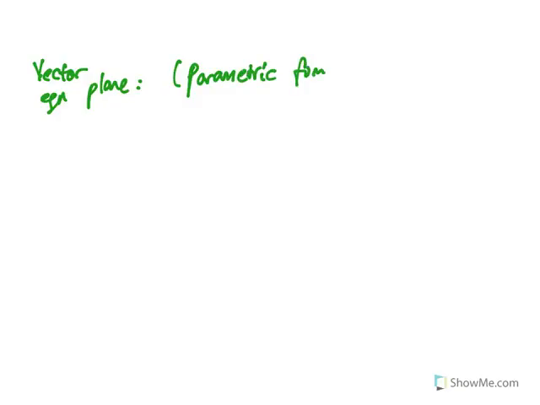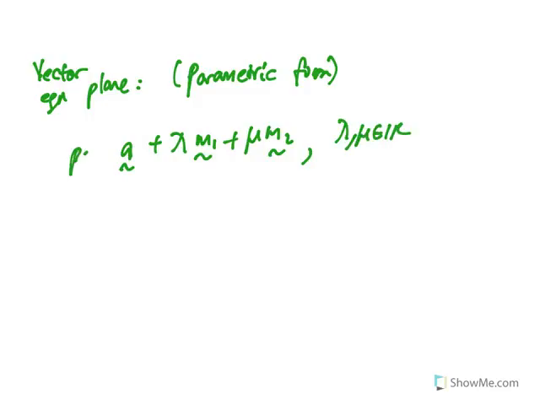Number 1 can be the parametric form. Like I said, you have one start point, position vector A, plus two hands, lambda of m1 plus mu of m2, where lambda and mu are real numbers. That's the first one.